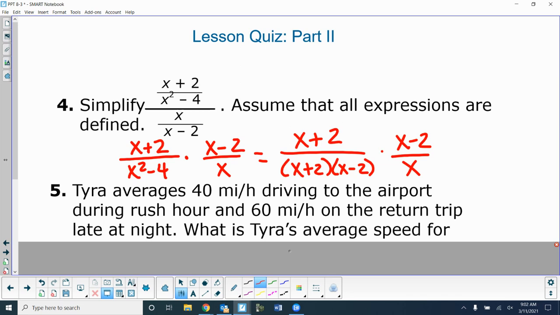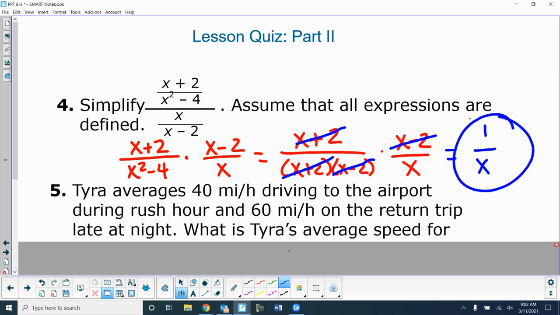Okay? So do you see any factors that are the same? Yeah. Anything else? So we have x. So if everything's gone in the top, is it 0 or is it 1, right? So we're still waiting 1 over x.